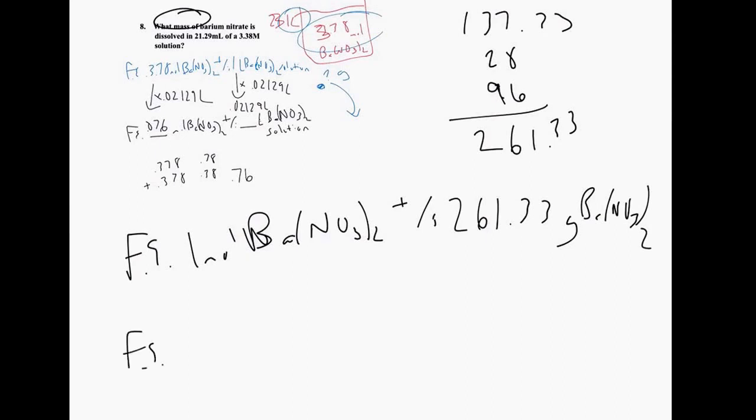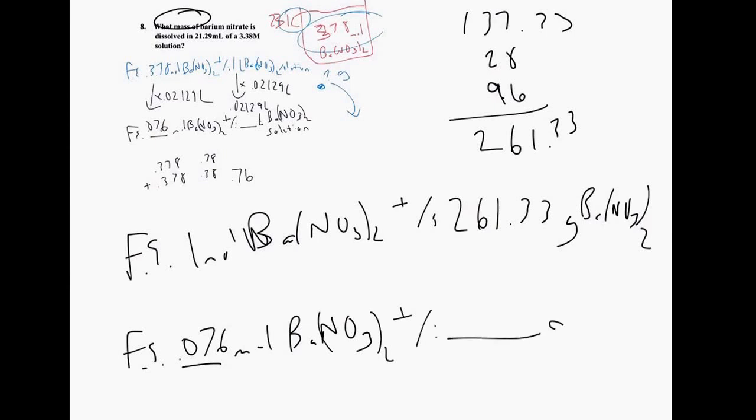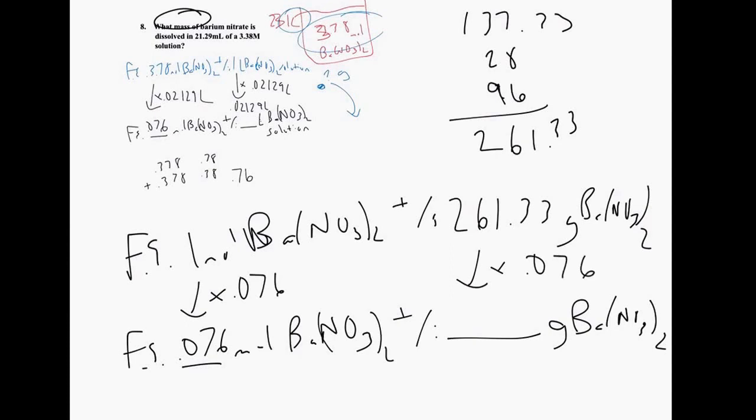So now for every blank, which is 0.076 moles Ba(NO3)2, there is blank grams of Ba(NO3)2, times 0.076, and just make a box.